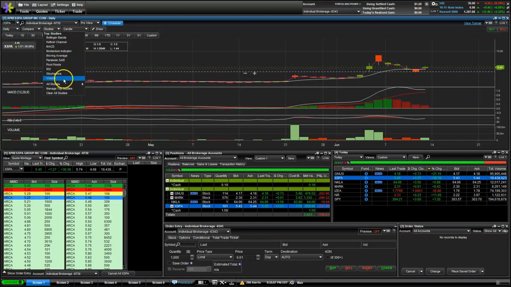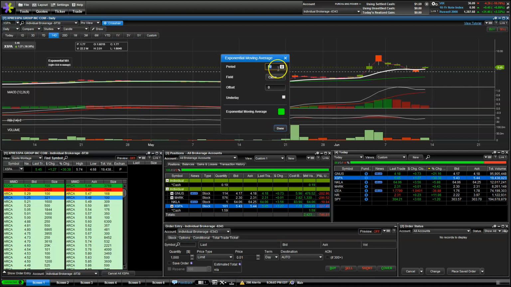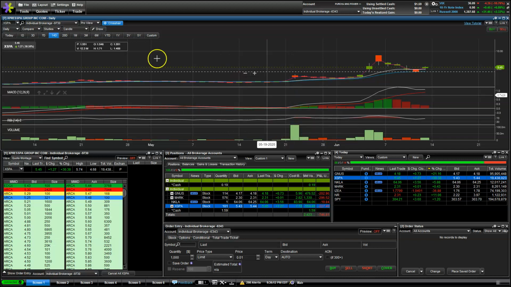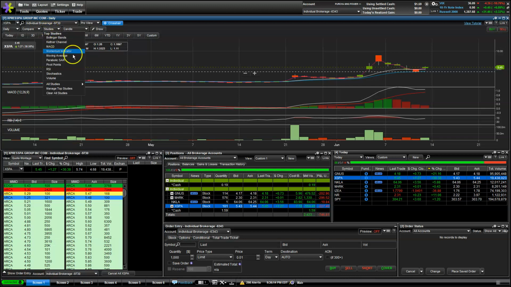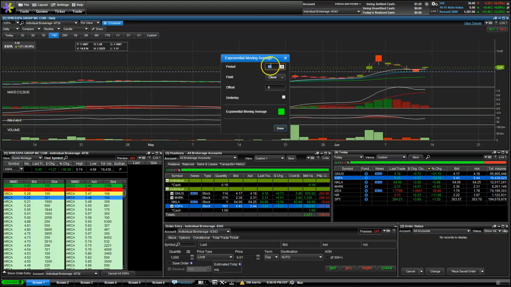Another will be EMA 15. I make that blue. And my last one is going to be EMA 25. And I'll keep that green.